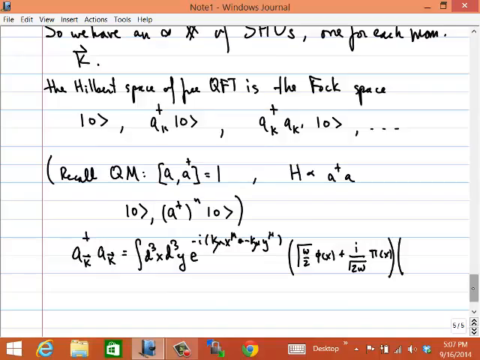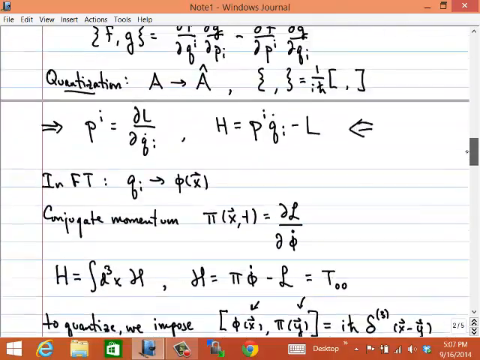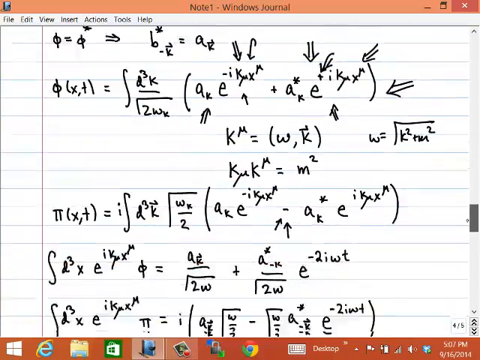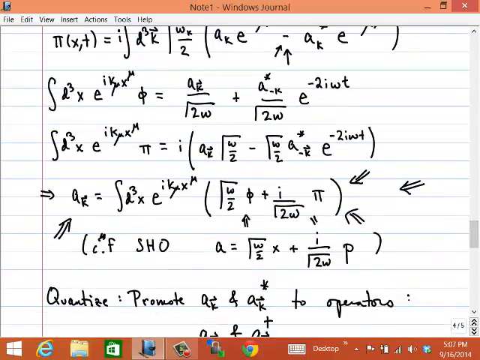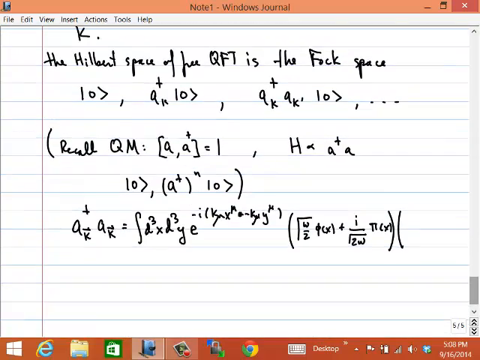Let's take a look. Yeah, plus i over 2 omega pi. So we get a minus sign here because we were taking the Hermitian conjugate, and we get the same terms with x replaced by y, with a plus sign because there was no Hermitian conjugate.